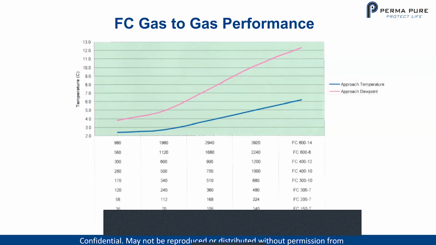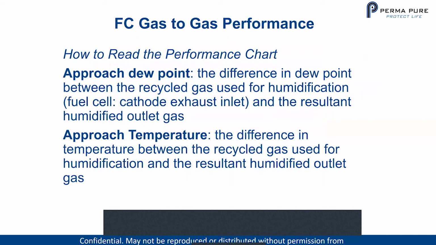So this graph is a relational graph that shows the relationship between the source gas being used for humidification and the resultant gas exiting the humidifier. Okay? So let's review these again because it is confusing.